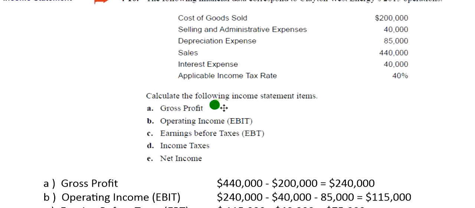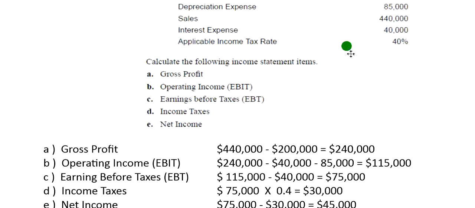The first thing we need to find is our gross profit, and that's going to be sales, which is down here, minus cost, which is up here. That's why I was saying this is sort of out of order. So we subtract cost from sales down here, and that gives us our gross profit of $240,000.